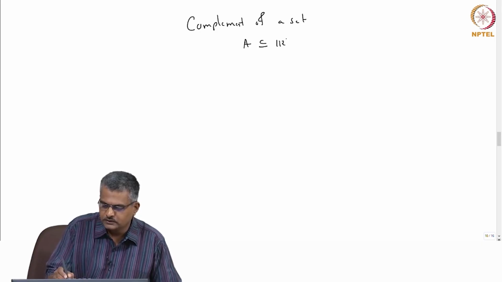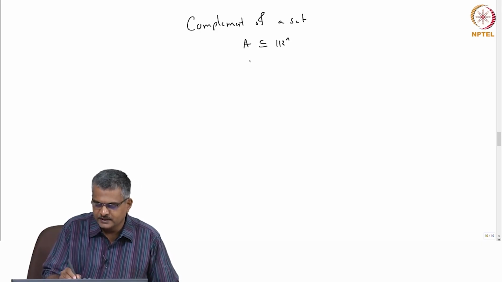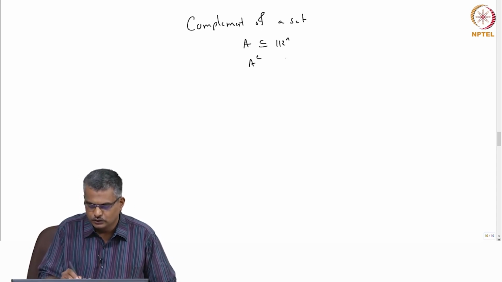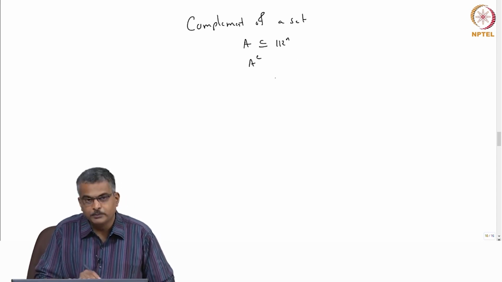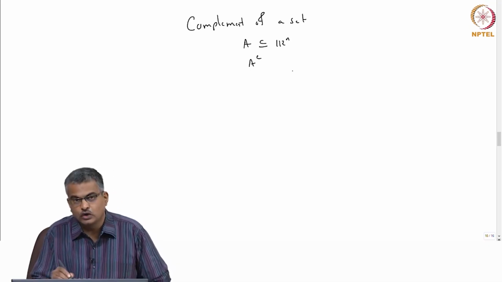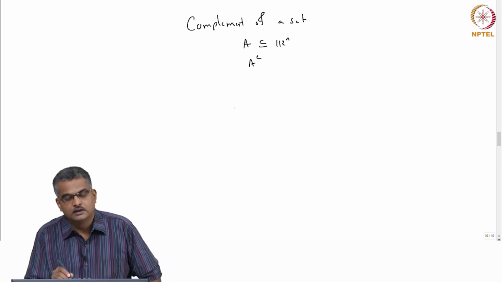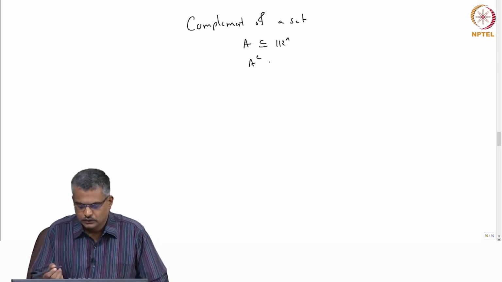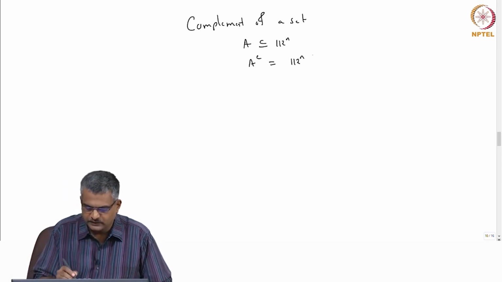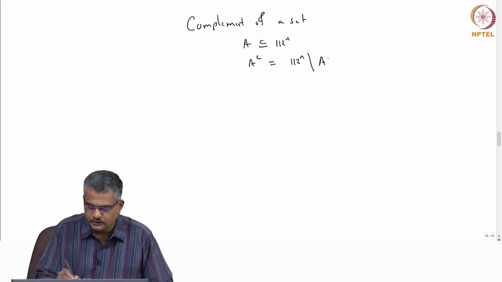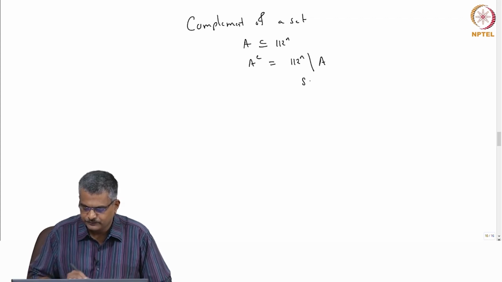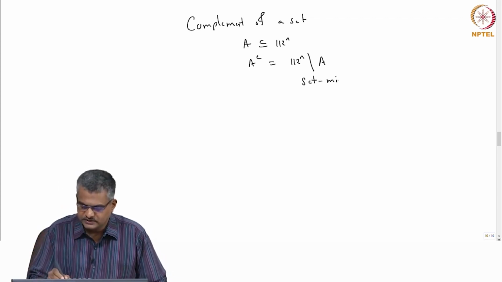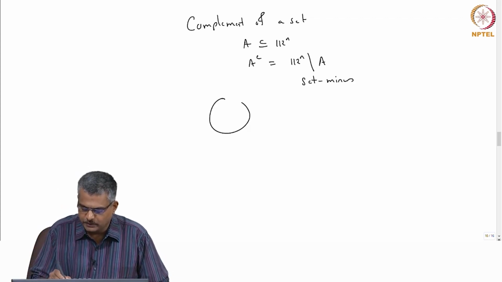Complement of a set. So, A is a subset of Rn. So, A complement is all those points in Rn except the points in set A. One can also define this using the notion of set minus. So, what is this? This is the symbol for set minus.